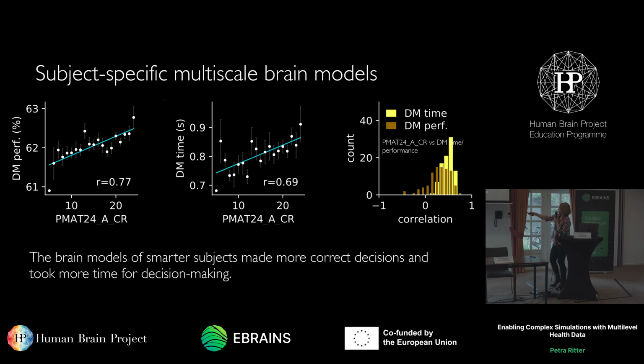And here you can see the statistics. So what you see here is the performance in the fluid intelligence test. And here you see the decision-making performance of our model. There's a very high correlation. And here you see the time it took to come to a decision in our model versus the performance in the fluid intelligence test of the actual subjects or persons. And this is just another visualization of this relationship.